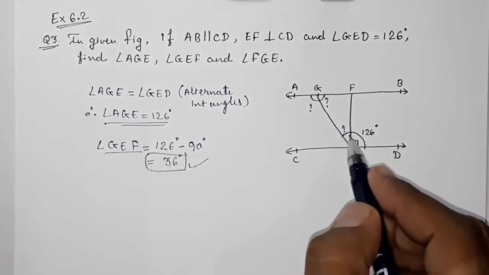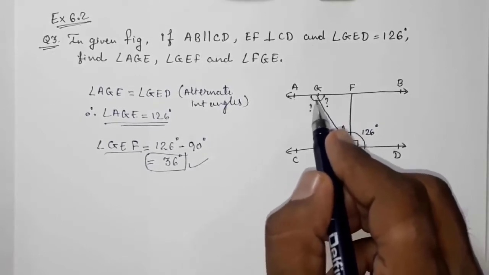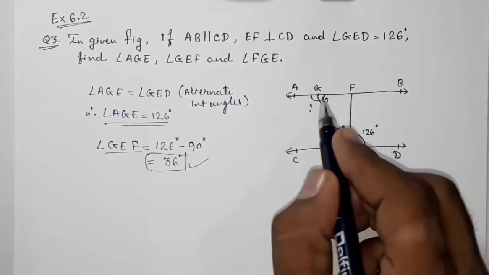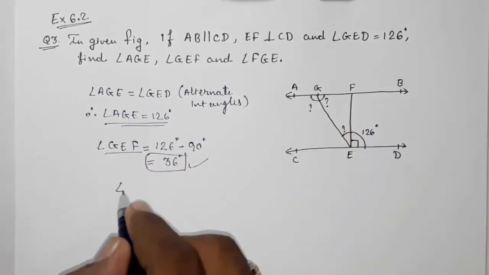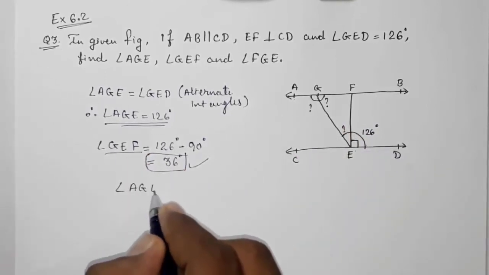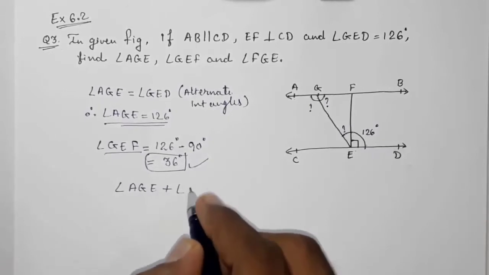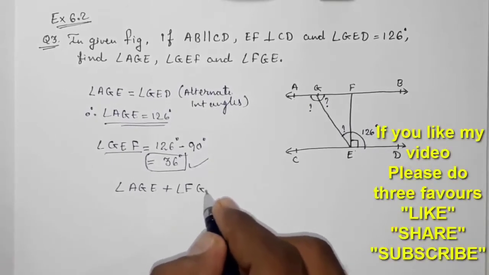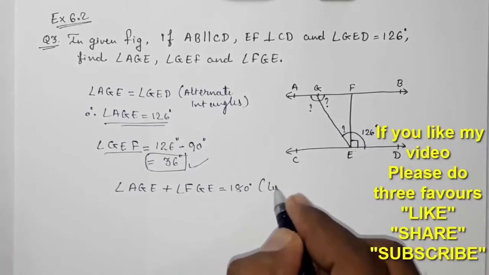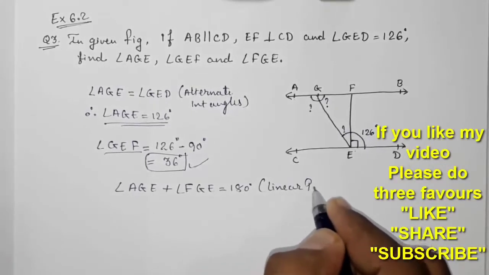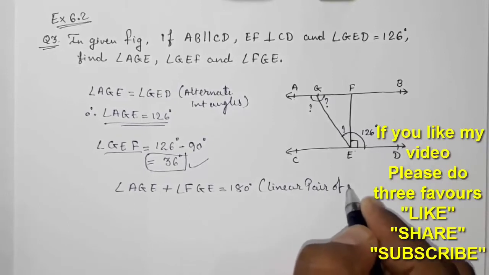This will be 36. Now we can say this is also making a linear pair. It is on a straight line. These two angles are on a straight line, so they make a linear pair. So directly I can write angle AGE plus angle FGE is equal to 180 degrees. Why? Linear pair of angles.